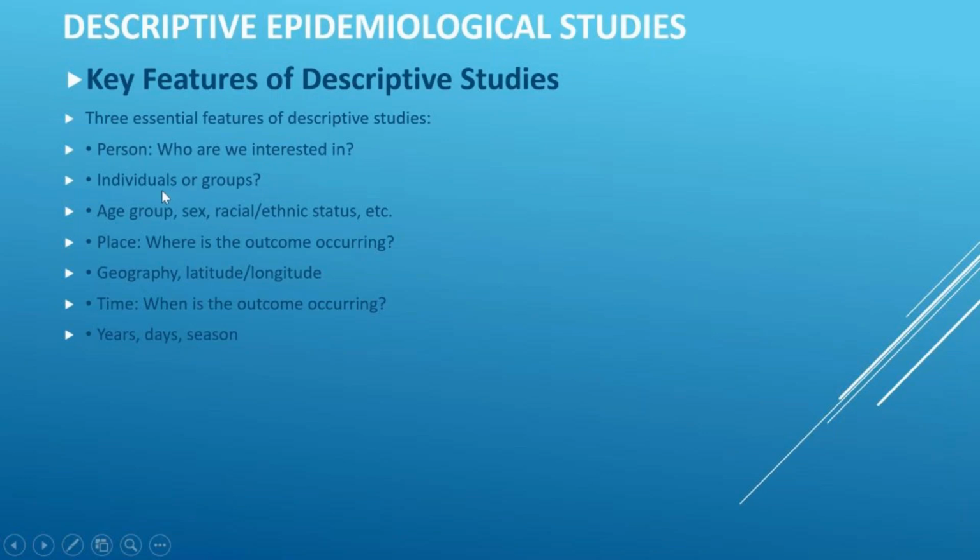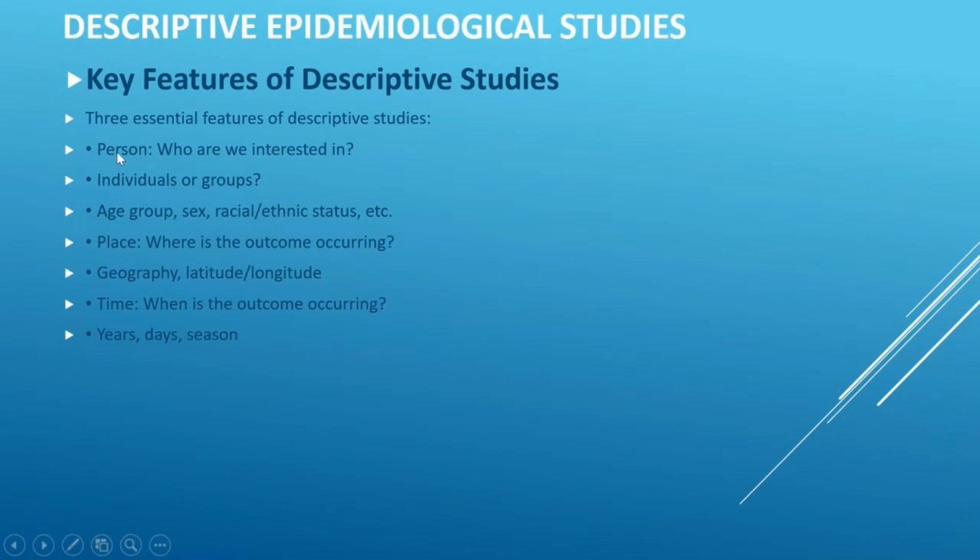Are we interested in individuals or groups of certain people with certain characteristics? What age group, what sex are we interested in, because certain disorders are more common in females and other disorders are more common in males. Then are we looking at racial and ethnic status, etc.? So this is the demographic information.